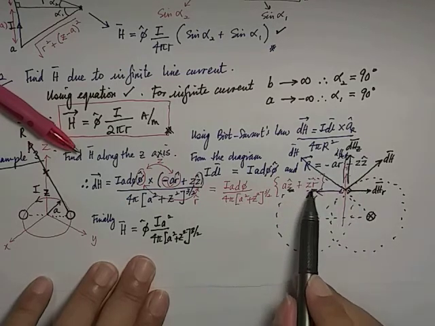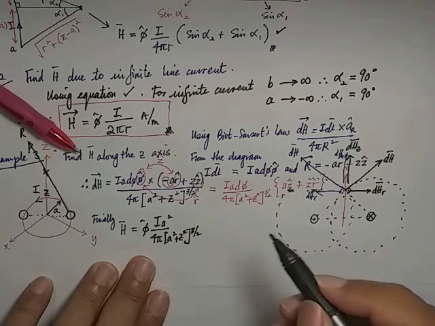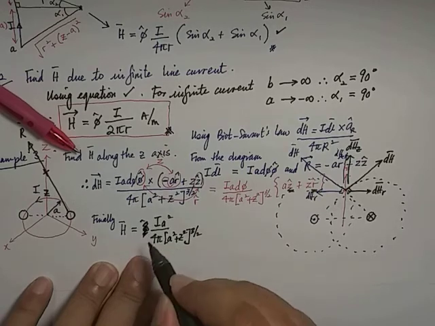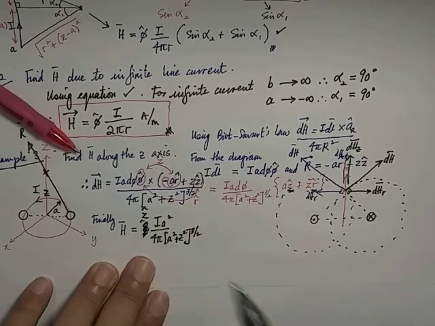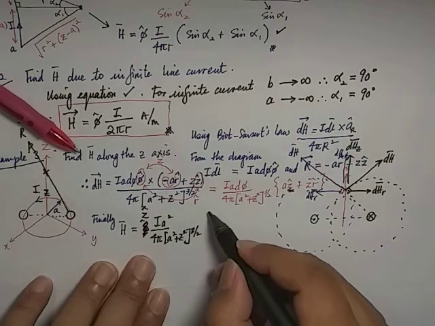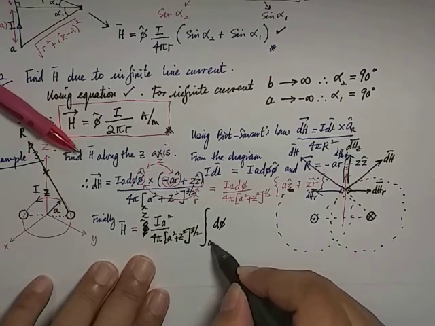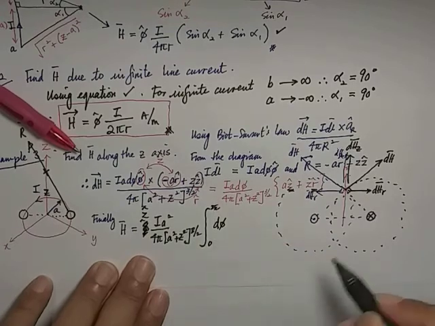Therefore I'm going to take the Z term, so it's a squared, and now this term changes into Z directions. And then I'm going to integrate dphi from where to where? 0 to 2 pi. Why? Because it's a complete ring.